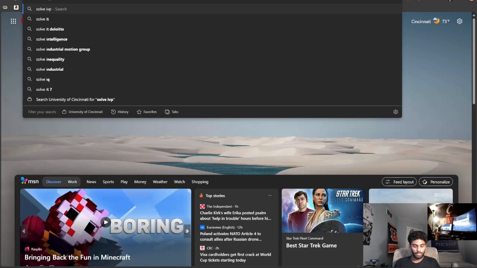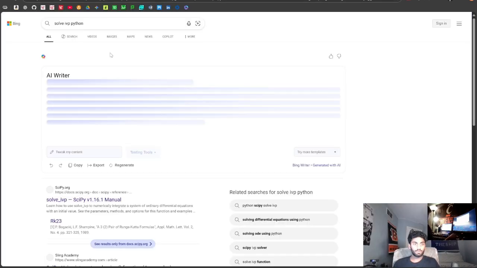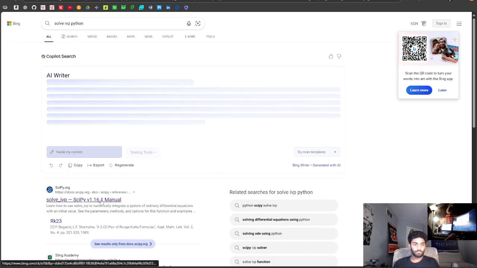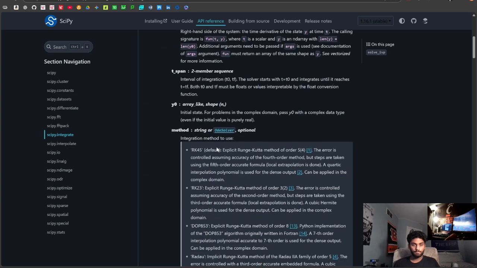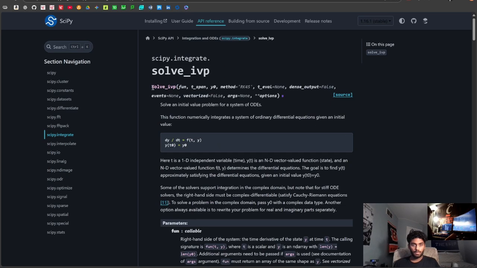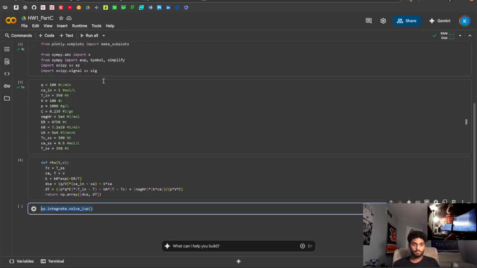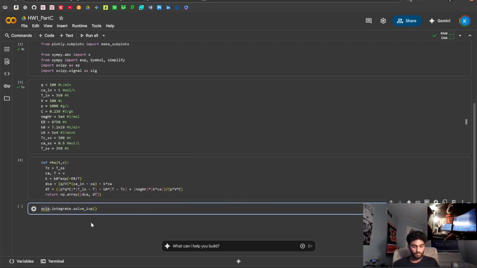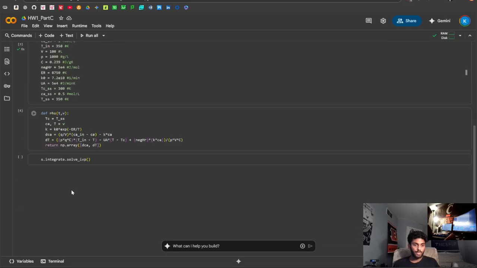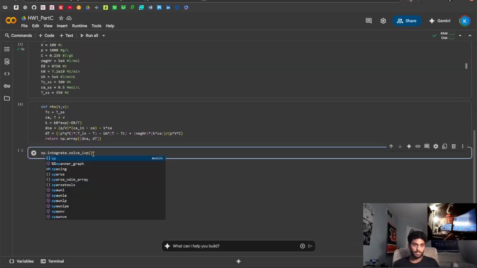Solve IVP Python. Solve underscore IVP scipy dot integrate dot, yeah, that should be all right. I wonder how I imported it as SP, so that should be this.